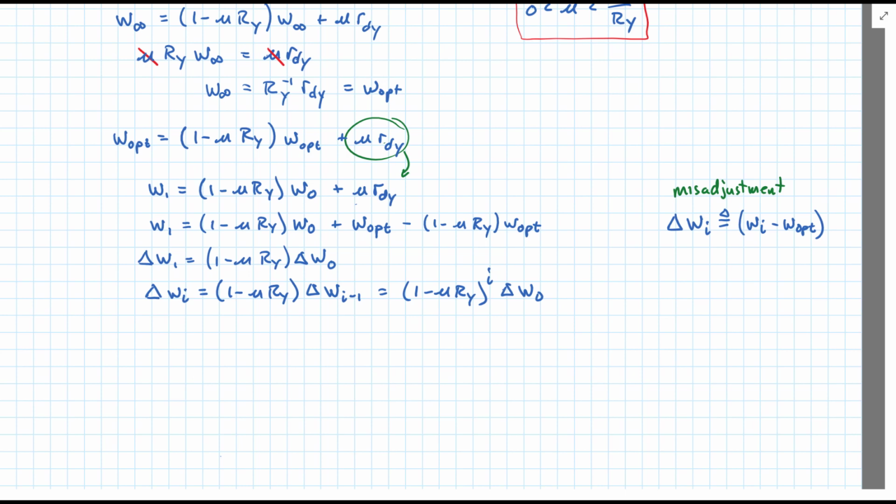So from here we can see that the smaller that 1 minus mu Ry is, the faster our misadjustment is going to decrease, or the faster we are going to converge to the optimal solution.